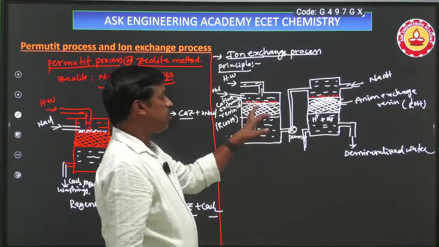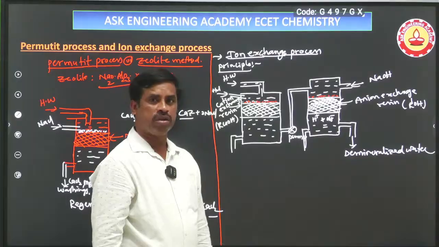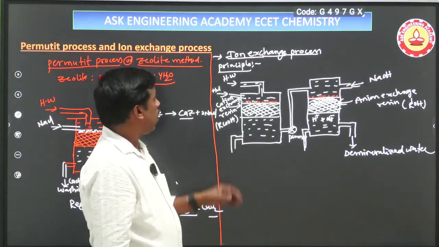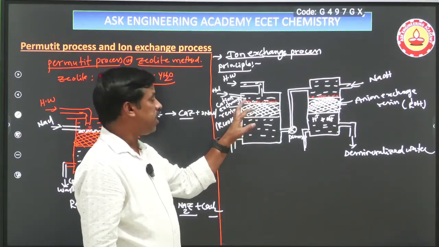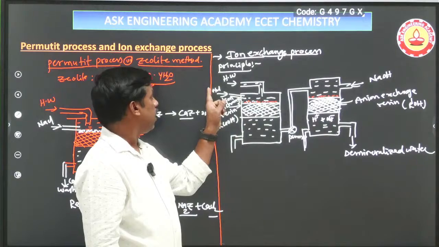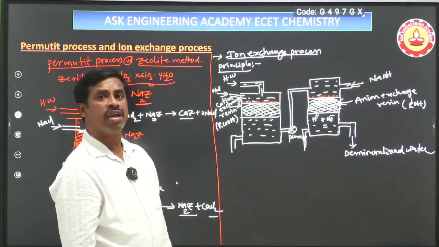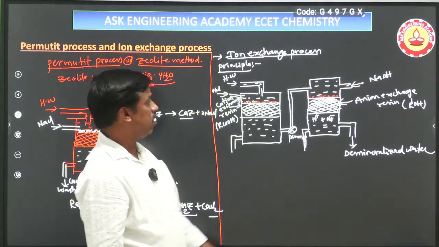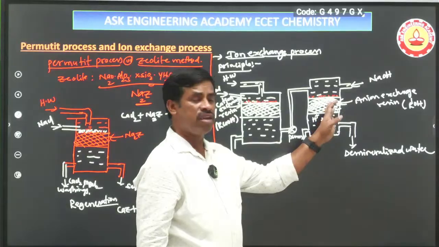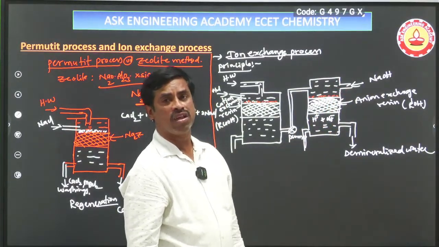How to regenerate the exhausted resin beds is very important from the exam point of view. Hydrochloric acid is used to regenerate the cationic exchanging resin, and sodium hydroxide is used to regenerate the anionic exchanging resin.